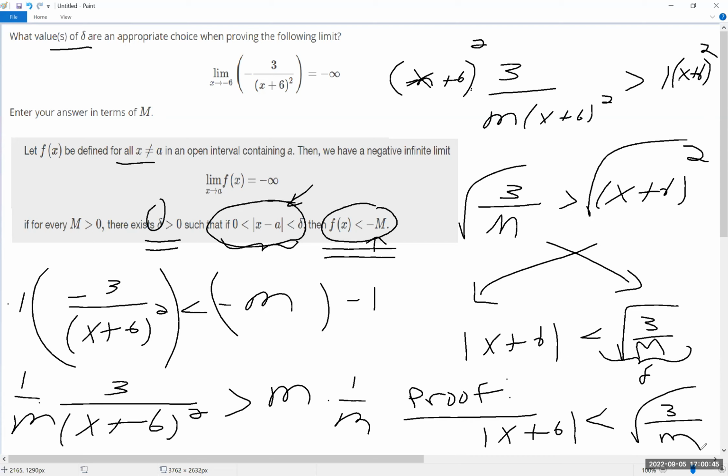That's our delta. So we would start the proof that way. And they're not asking us to finish it, just to identify it. And so we'll go ahead and stop there.